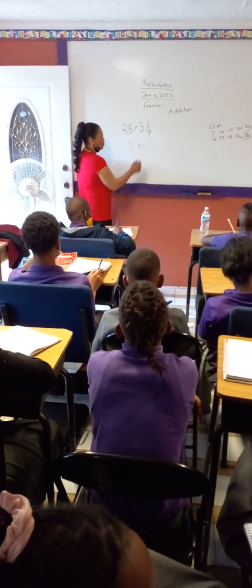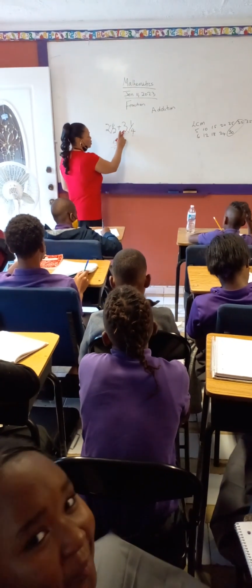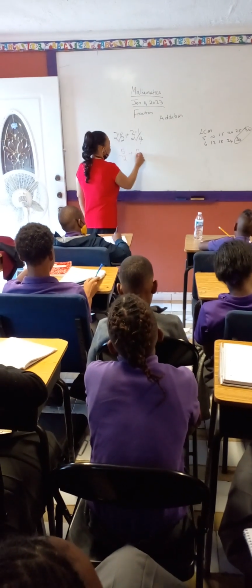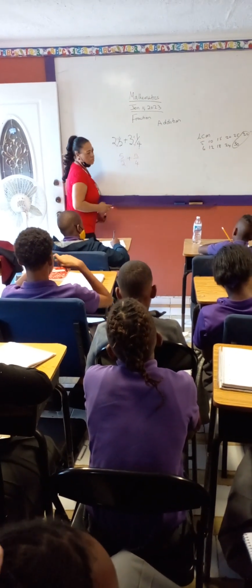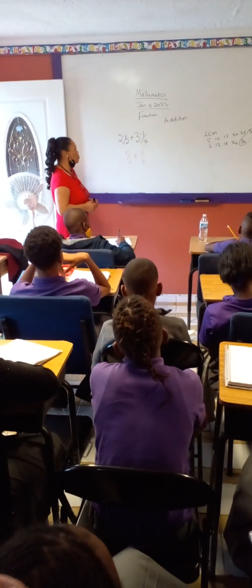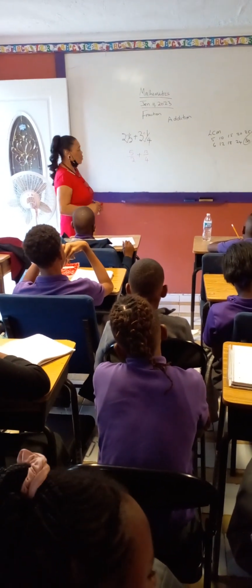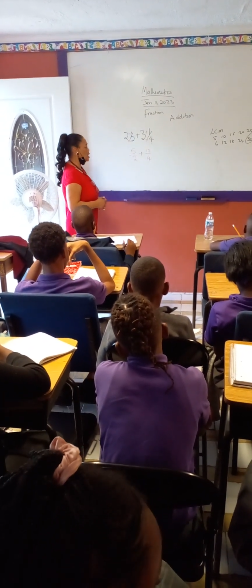Plus, same thing over here. 4 times 3? 12 plus 1? 13 over 4. So I just changed my mixed numbers into improper fractions. I'm going to go through the same process.